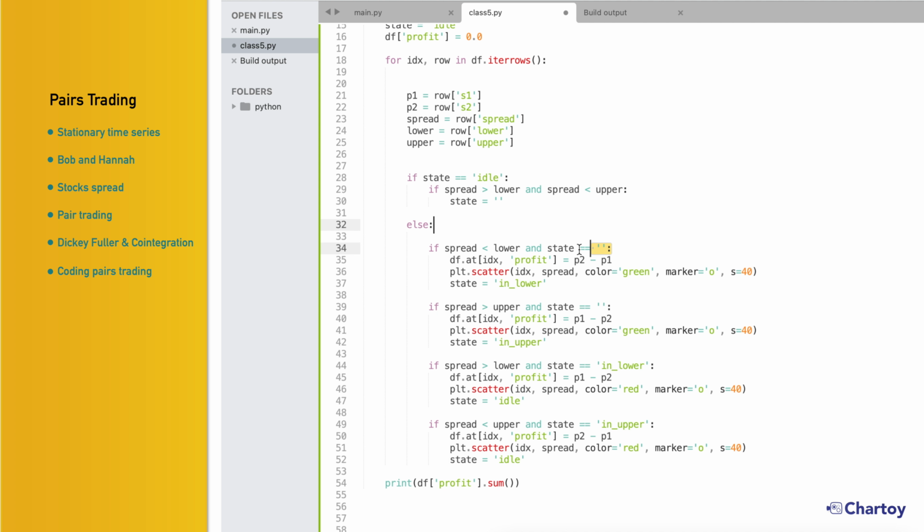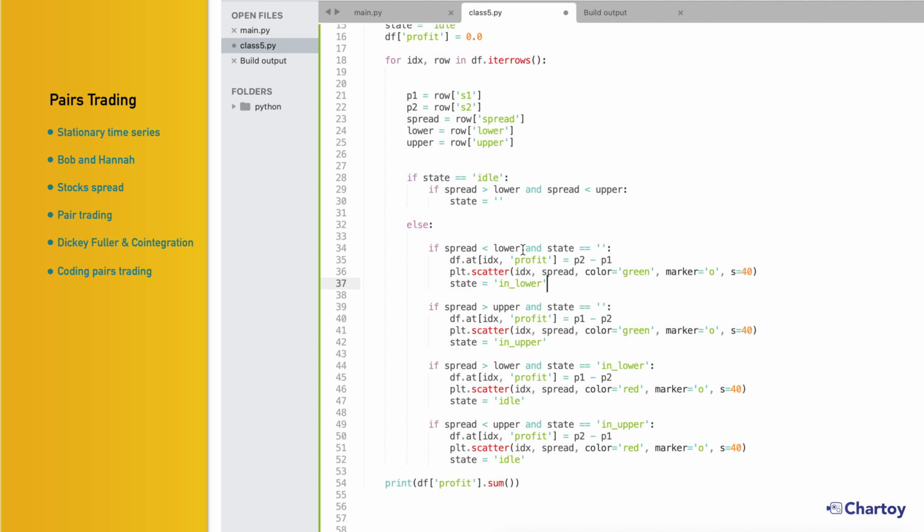Once we get our next iteration and we are inside this else condition, we're going to check one of the two: we wait for the spread to be lower than the lower band, or we wait for the spread to be larger than the upper band. In both cases, you can see that the state is empty, which means we are between the bands and we wait for the spread to cross the lower or the upper band.